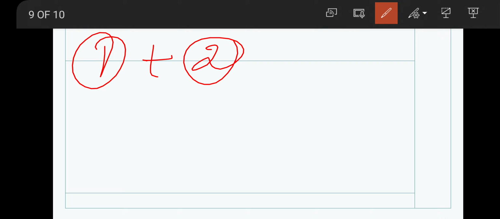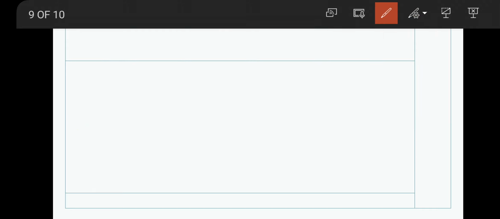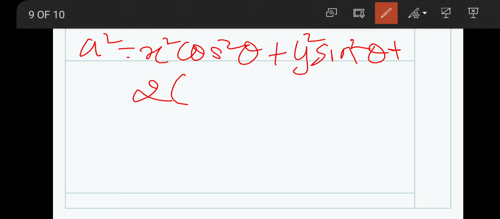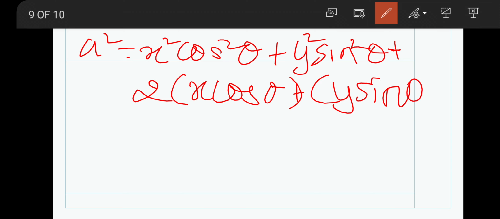What's equation 1? a square equals x square cos square theta plus y square sin square theta plus 2 into x cos theta into y sin theta.